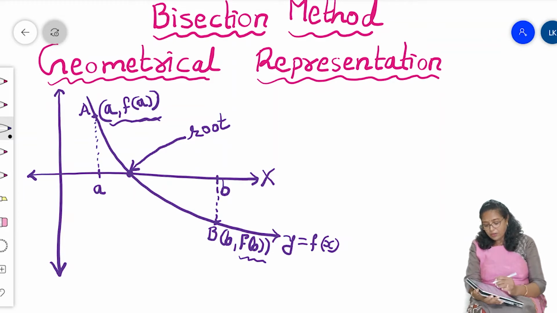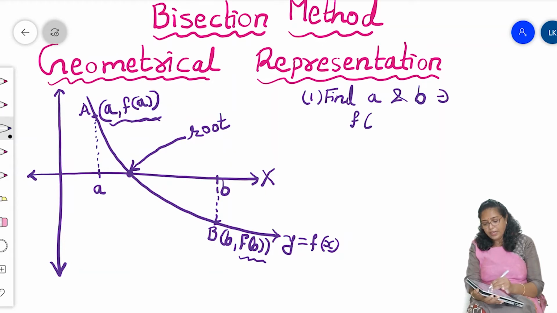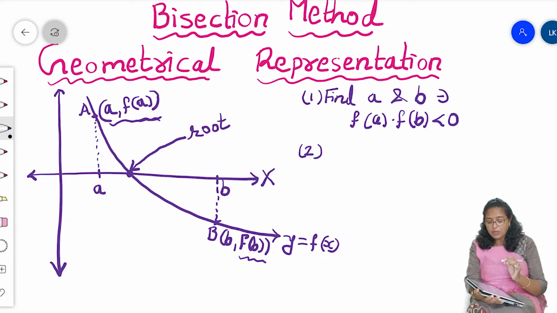In this method, the first step is to find a and b such that f(a) times f(b) is less than 0. Second step, the first approximate root.